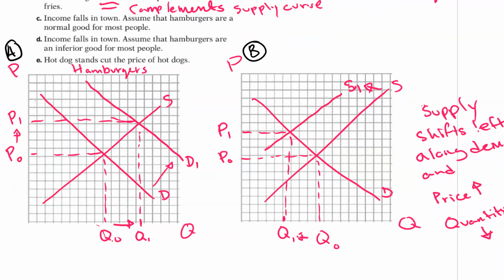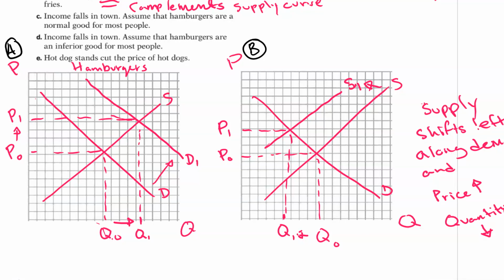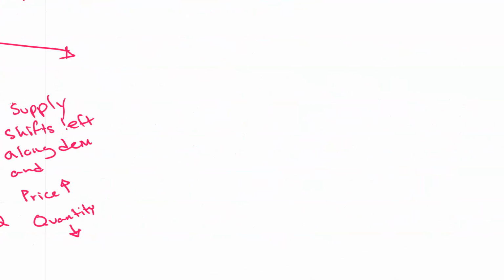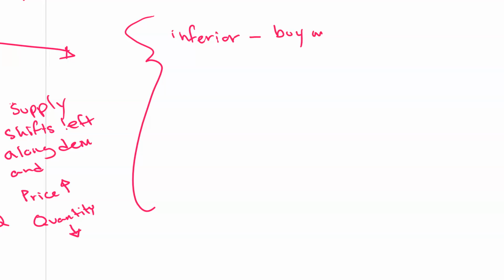All right, next up, we've got income in the town falls. Assume that hamburgers are inferior good for most people. So let's just quickly review from our notes what those types of goods are. So we've got 3 types of goods we talk about. Inferior, you buy more when you make less.